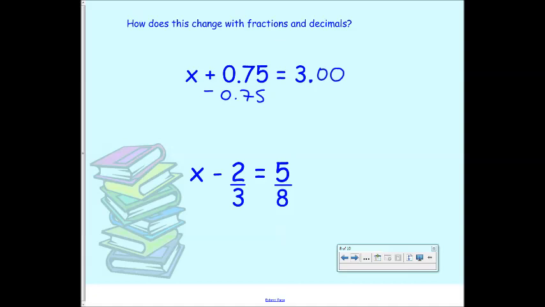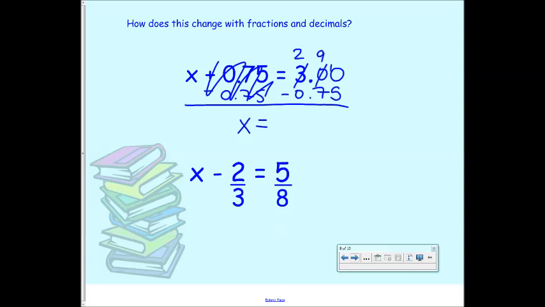Okay, all right, so what would I do here? I still need like denominators, but before I do that, what operation am I going to do? It's a minus 2/3, so I'm going to add.